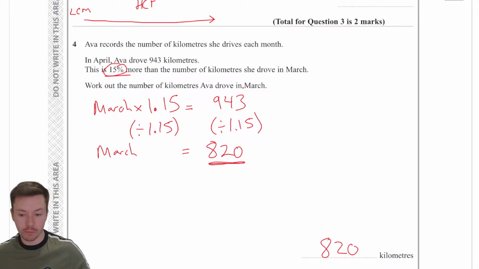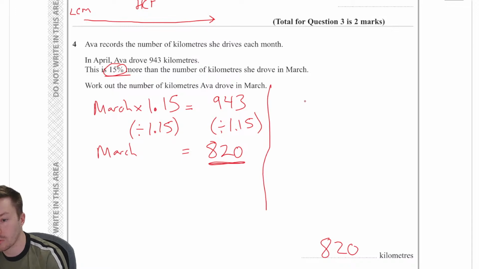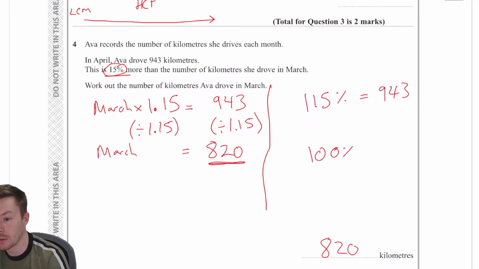Now, the other method that I'm going to show you is, if it's gone up by 15%, then 943 is 115%. Now, we need to get back to 100%. So we need to get down to 1% probably, and then times by 100 to get to 100%.